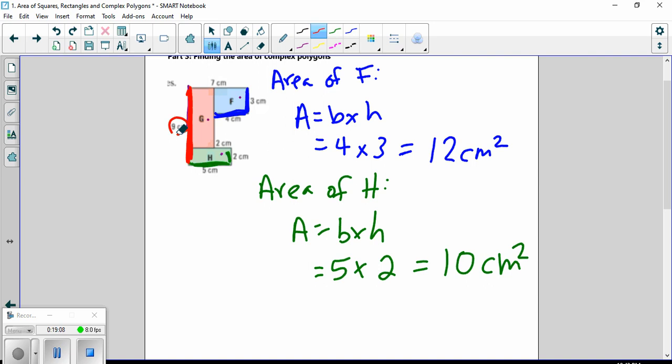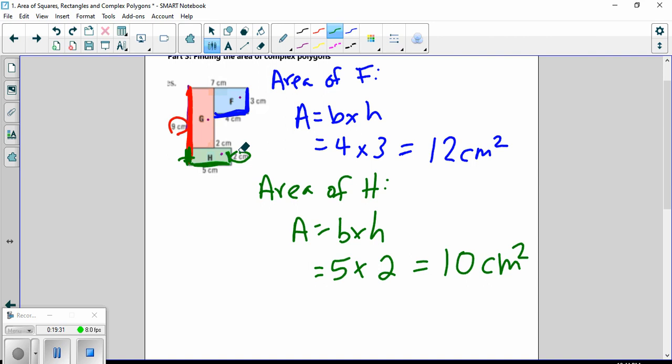But I also know this green portion from box H. How long is that? Remember, opposite sides in rectangles have the same length. So what side is on the opposite side of this? If you look directly across, it's the 2 centimeters.